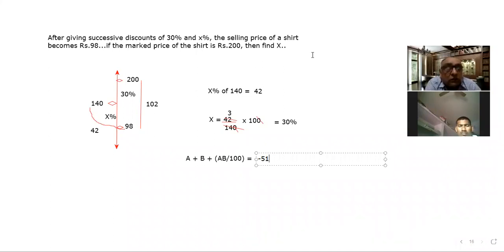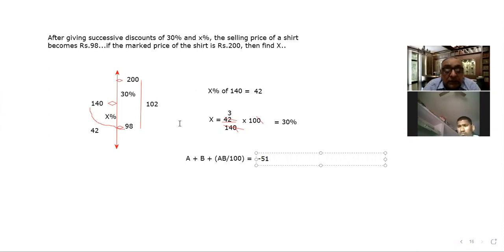So 200 minus 30% is equal to 140. I think there will not be any issue. In this question, I was telling you that we will take A as 30.